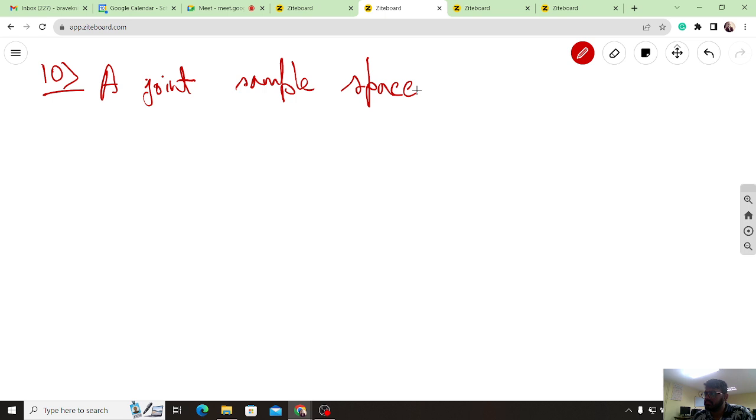Okay, the last question of today's session. This is a joint sample space for two different random variables, y and z, that has four elements.